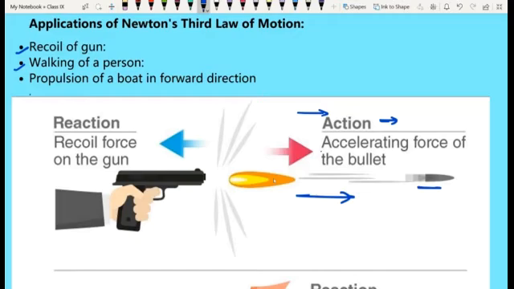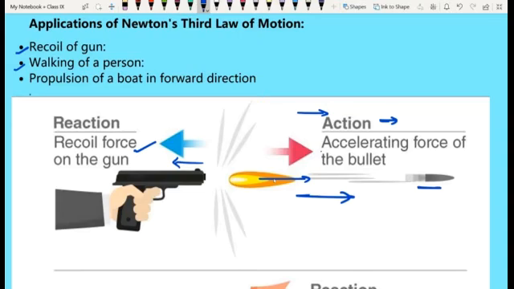What happens when a bullet is fired from the gun is that the bullet moves forward and the gun faces a force in the backward direction, a jerk. It feels a push or jerk in the backward direction. That is called the recoil force of a gun. Those two forces are equal and opposite to each other.